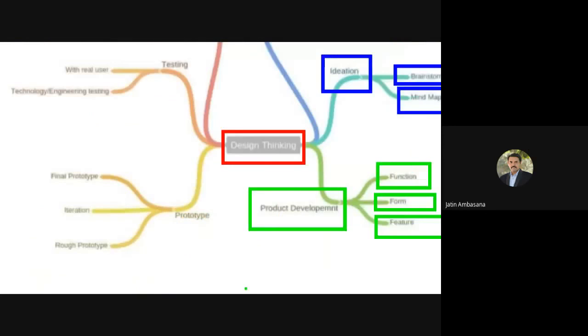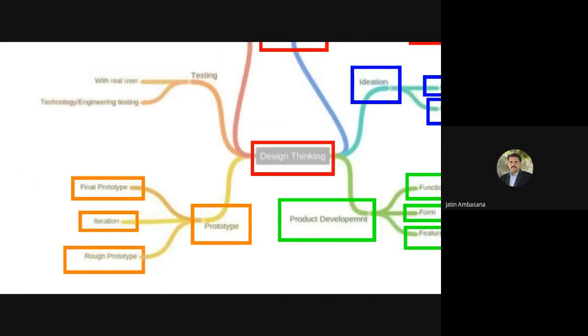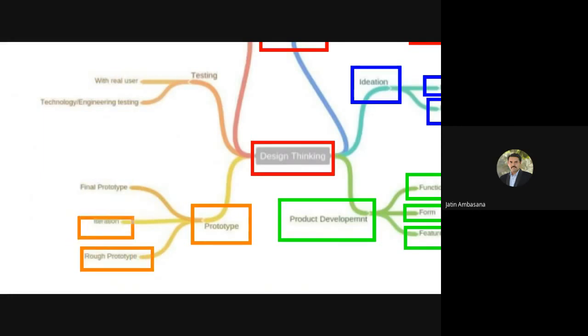And then you may even use design thinking to do the prototype, that is to make a final prototype, and iterate over it. So it will be like starting from here, make a rough prototype, iterate over it.